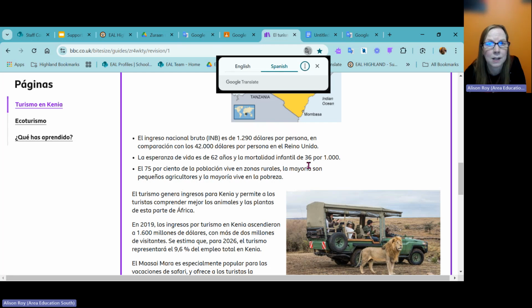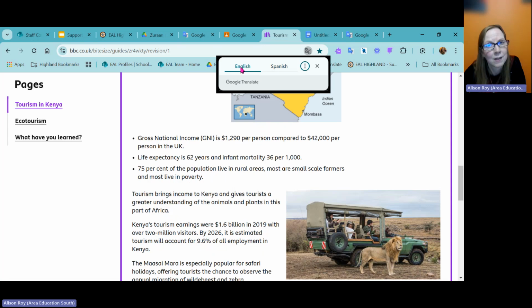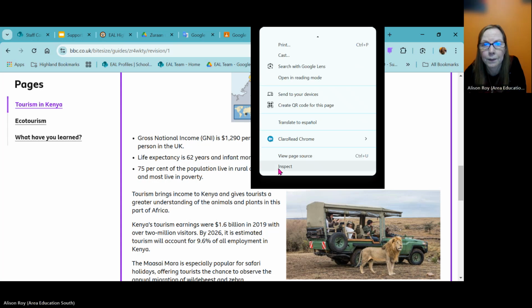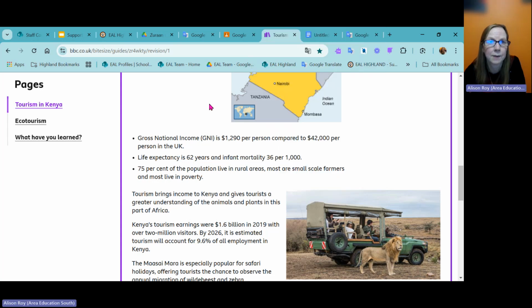Okay, as you see, it's translated into Spanish. If you want it back in English, just click English. Obviously, if it's in a different script, sometimes you have to just remember the order if you want to go back and forward, but you can put it into a whole variety of languages. That's a very quick way, the right click, translate to, and you translate the whole website into another language.